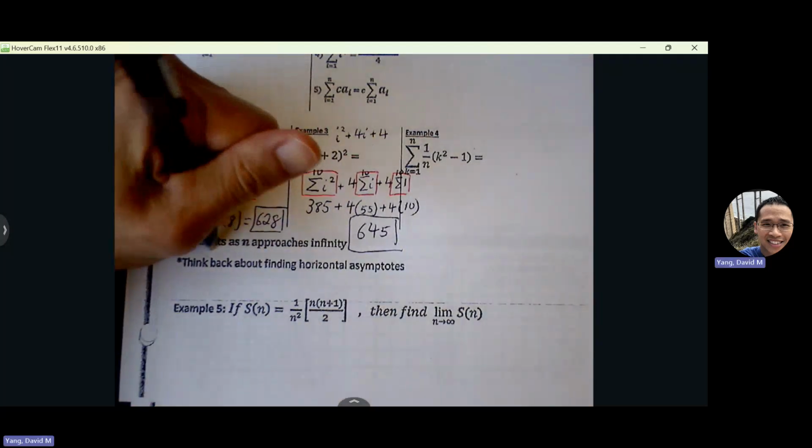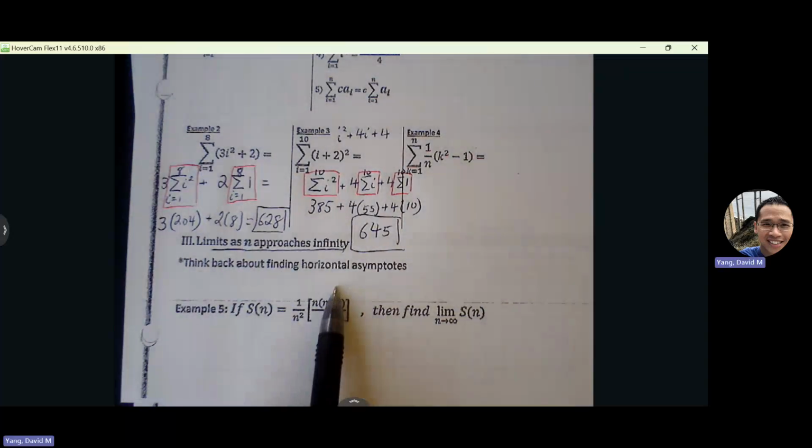Let's skip example 4 and let's go down here. Okay, limits as n approaches infinity. So let's think back on finding horizontal asymptotes. If we're approaching infinity, remember we're always comparing degrees, right? So I'm going to find the limit as n approaches infinity of this expression. So I'm going to write this out here.